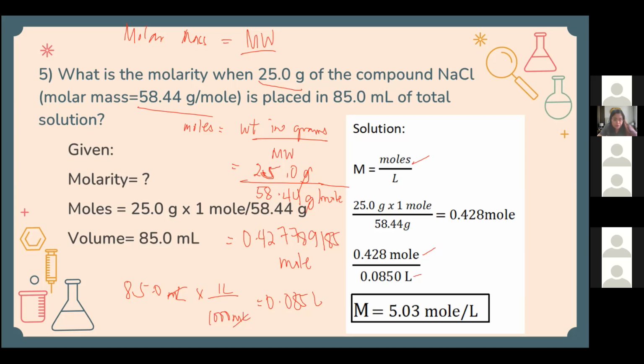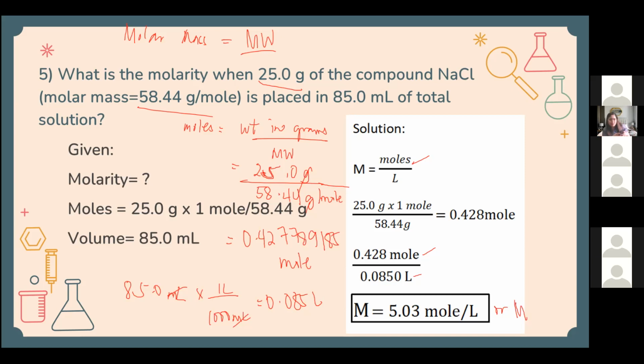So 0.4778985 divided by 0.085, to 2 decimal places, yes, this is correct: 5.03 moles per liter, or simply capital letter M.